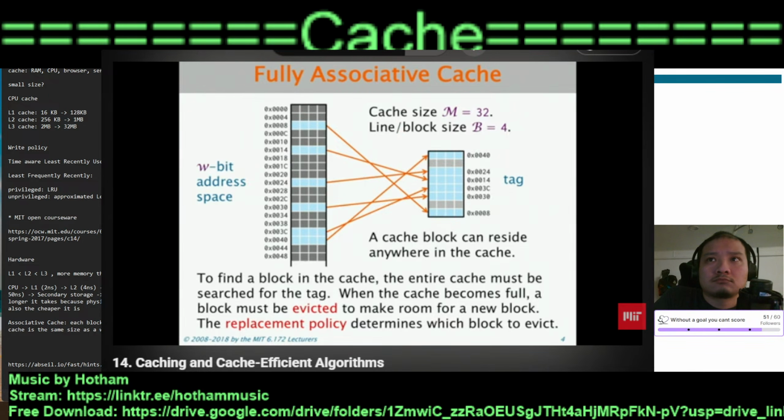When a cache becomes full, a block has to be evicted to make room for a new block. There are various ways that you can decide how to evict a block. This is known as the replacement policy.